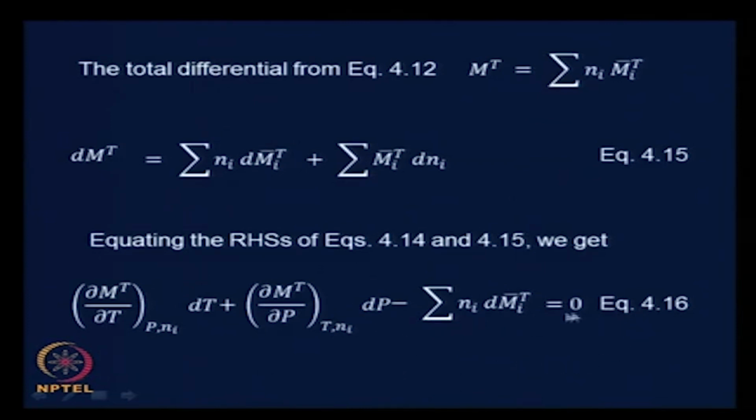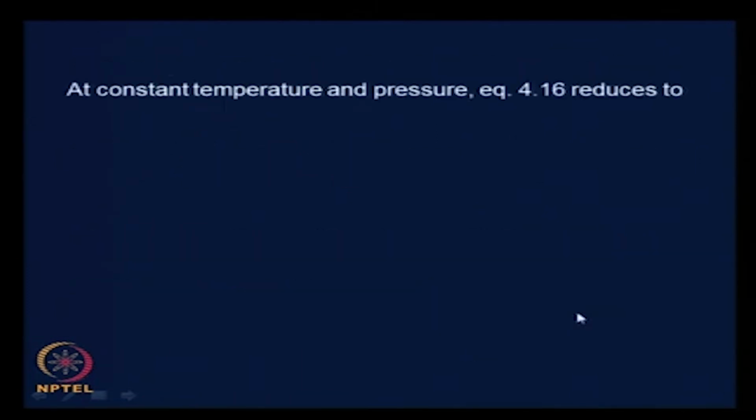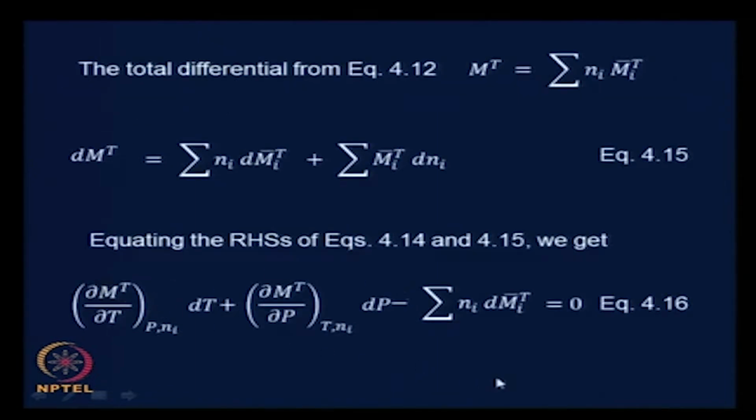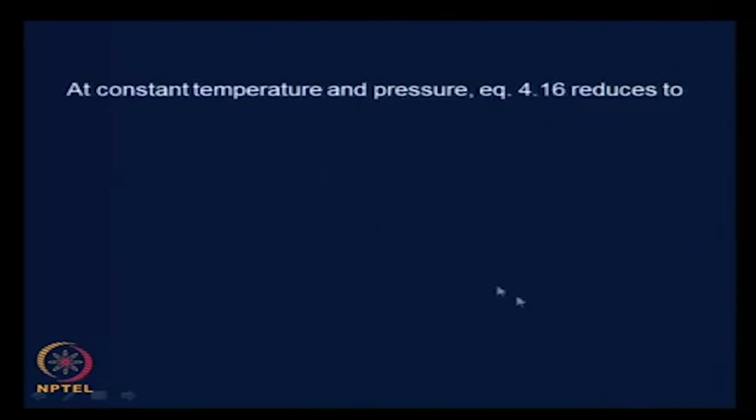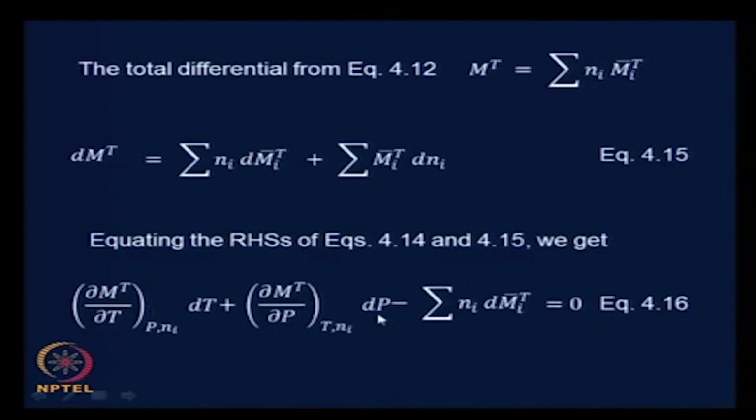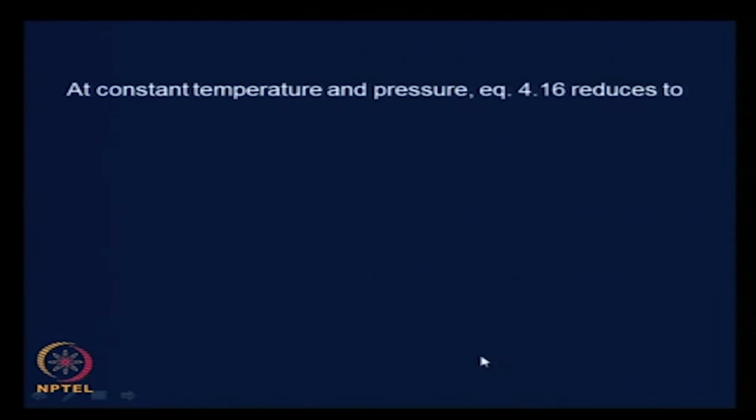So, instead of concentrating on G alone, which we had done in the earlier module, we will do it for any total property. If we do that at constant temperature and pressure, these two terms are going to be 0 because dT is 0, dP is 0. Therefore, what remains is summation of Ni dMi equals 0. We will call this equation 417.